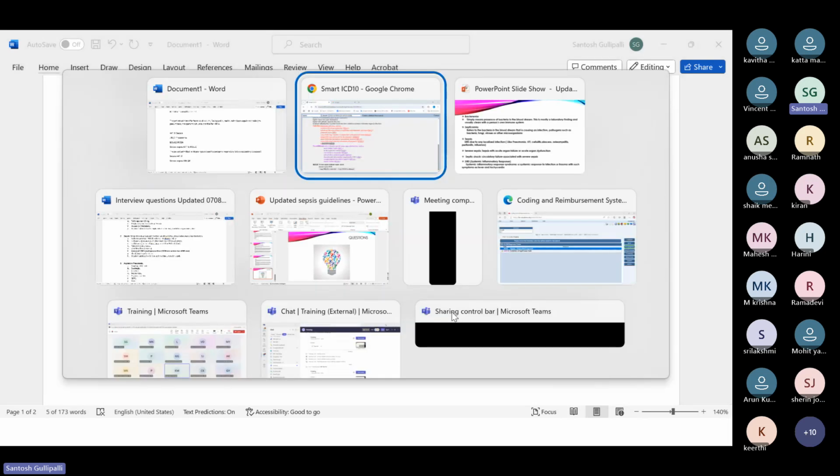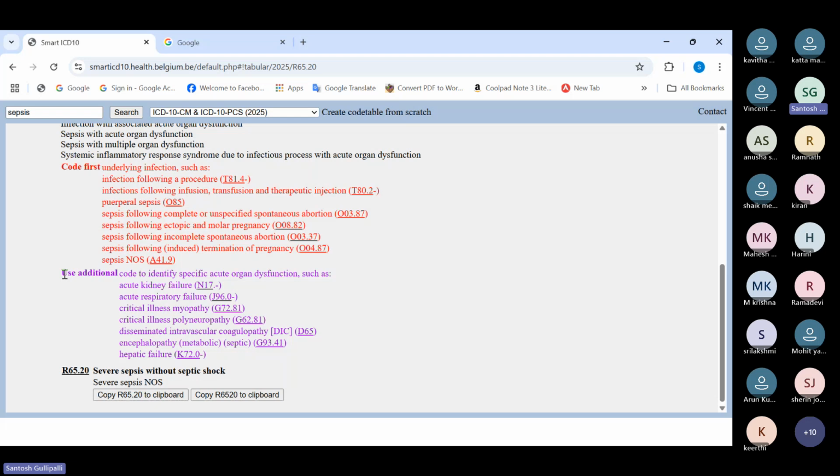In severe sepsis, there is one guideline: use an additional code to identify any specific acute organ dysfunction, such as acute kidney failure, acute respiratory failure, critical illness myopathy, critical illness polyneuropathy, disseminated intravascular coagulopathy.